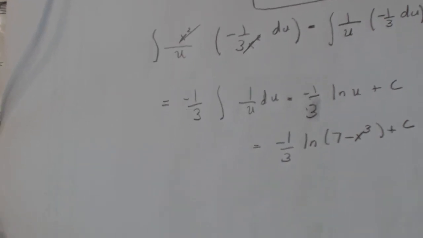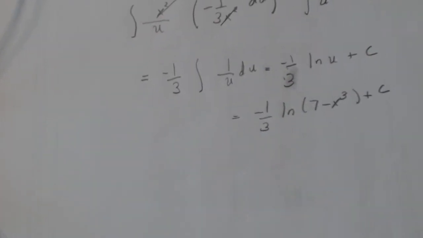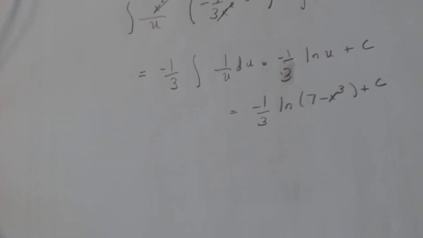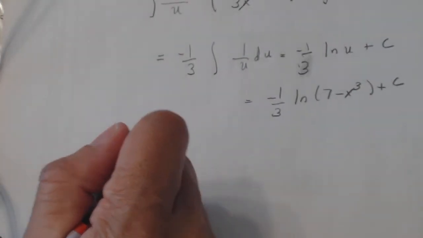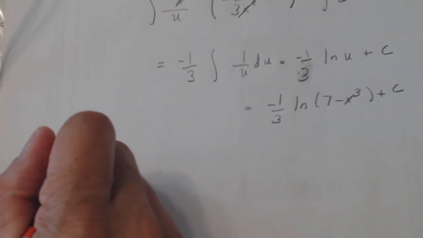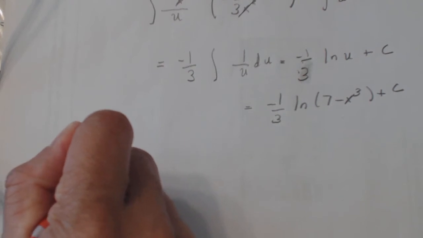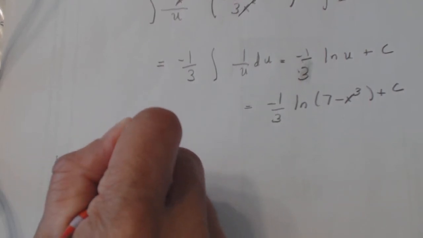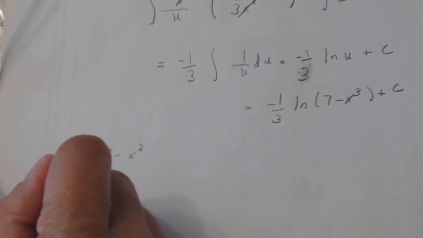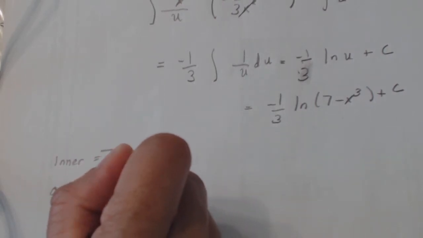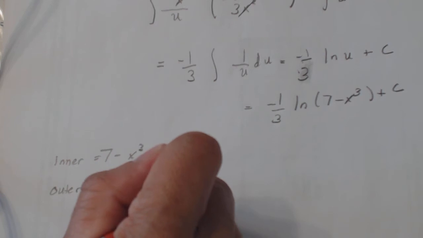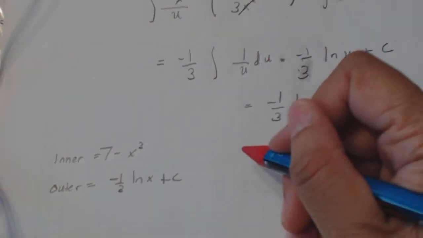To check your work, all of these substitution problems are going to be chain rule, because as I told you in the beginning when I introduced this topic, this is really backward chain rule. So here, to check my work, my inner would be 7 minus x cubed. My outer would be minus 1/3 natural log x, plus c if you want to add that.